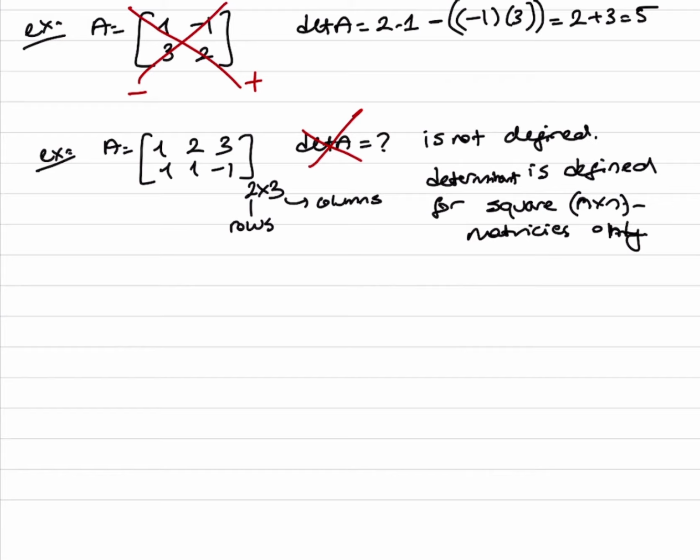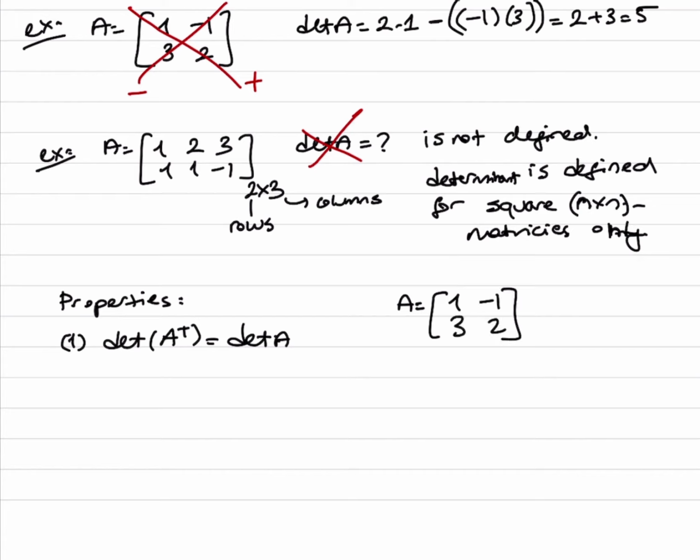Great. So what about some properties? Whenever you have a determinant, we have some properties. The determinant of a transpose matrix, A transpose, is always equal to the determinant of A. Recall from the previous example, A was 1, minus 1, 3, 2, and we found the determinant of A to be 5, right?